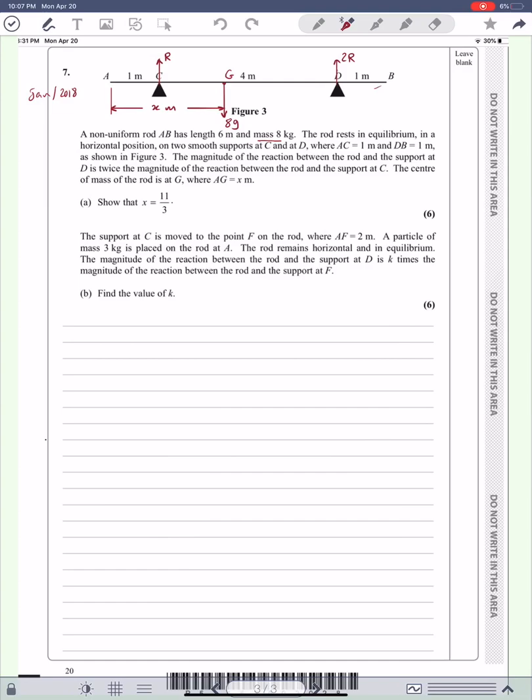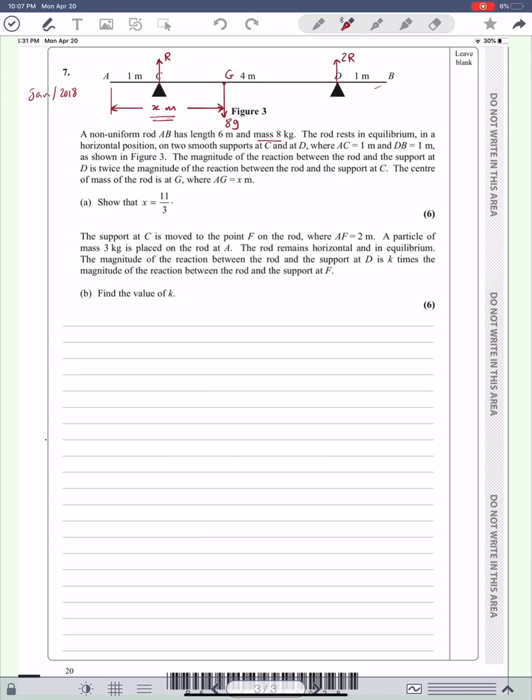So it is G, where AG is X meters, like we did here. Show that X is equal to 11 over 3, part A.